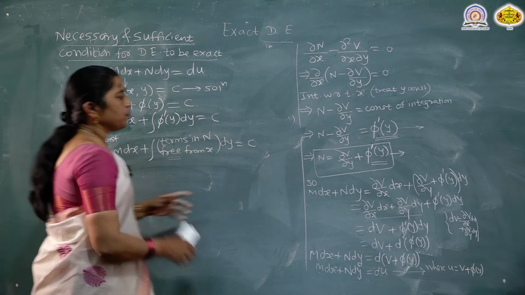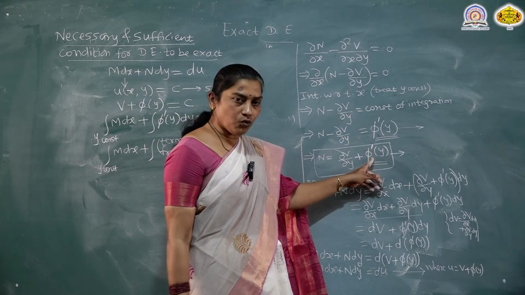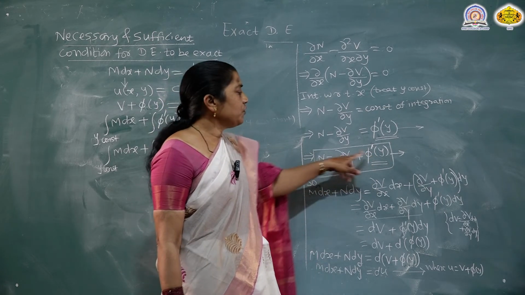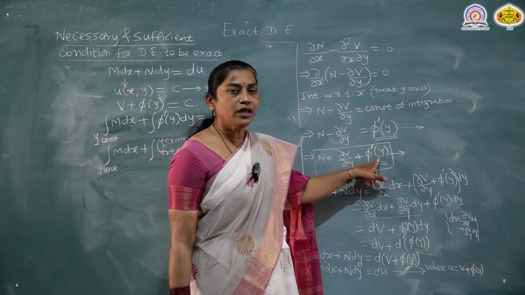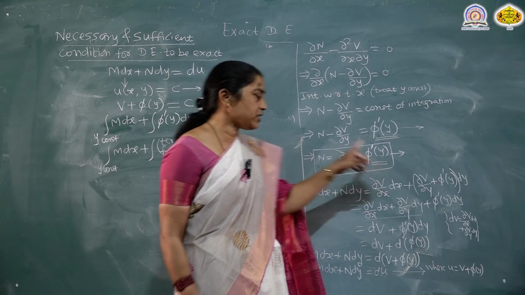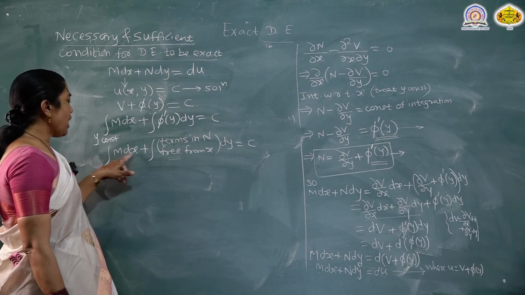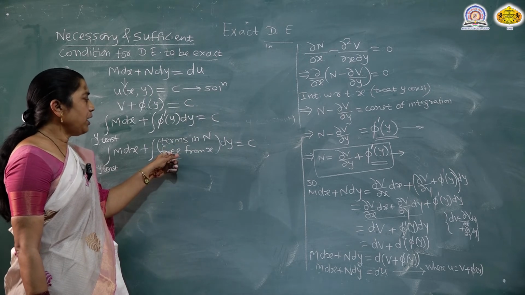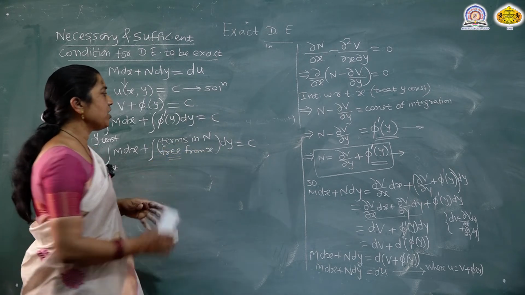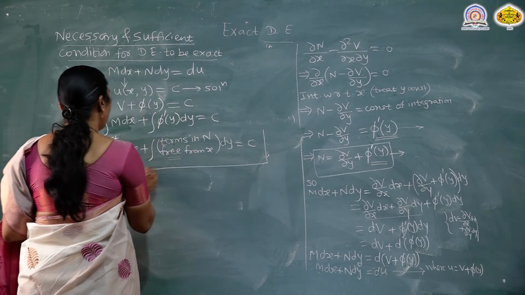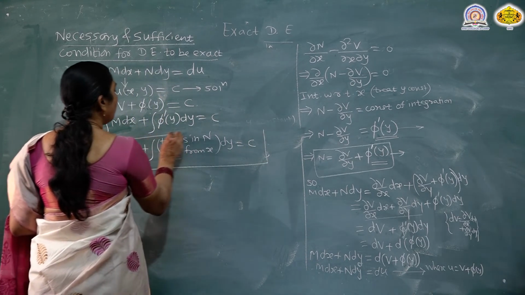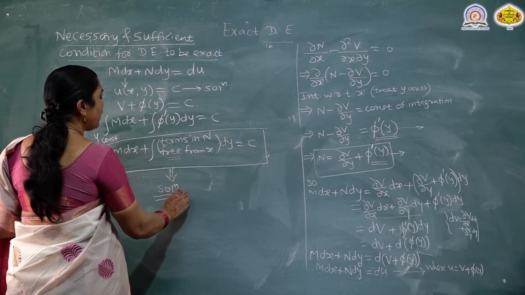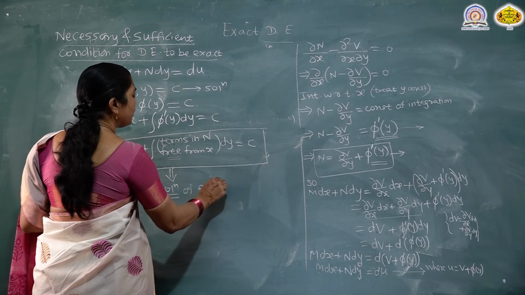We get this because φ'(y) is nothing but the terms in n which are only functions of y, that is, those free from x. So the integral of m dx over y constant plus the integral of terms in n independent of x dy is equal to c. This is nothing but the solution of the exact differential equation. So this is the working rule to find the solution of an exact differential equation.